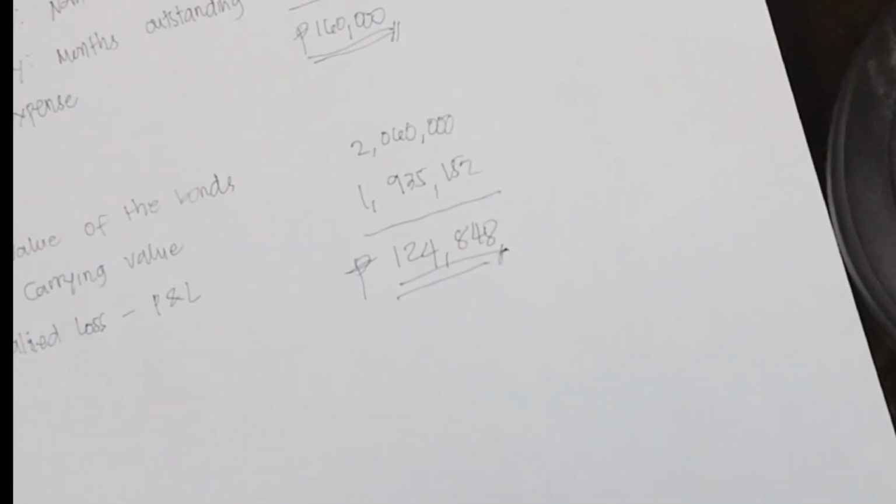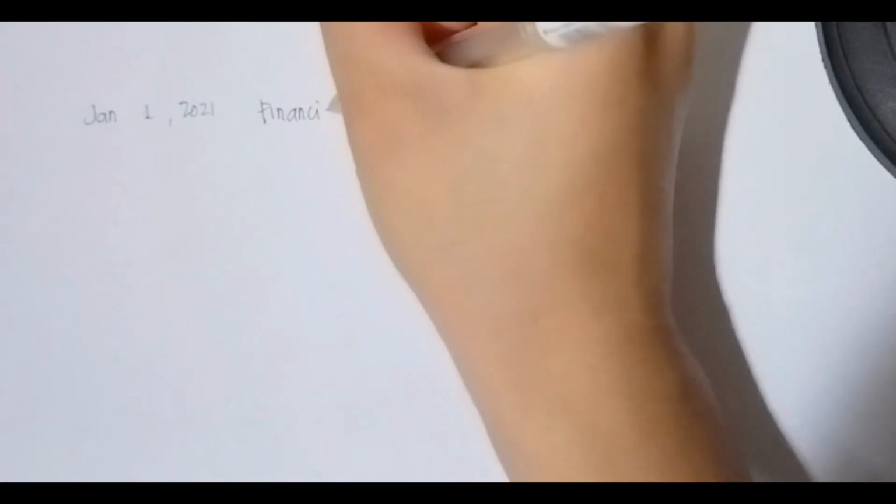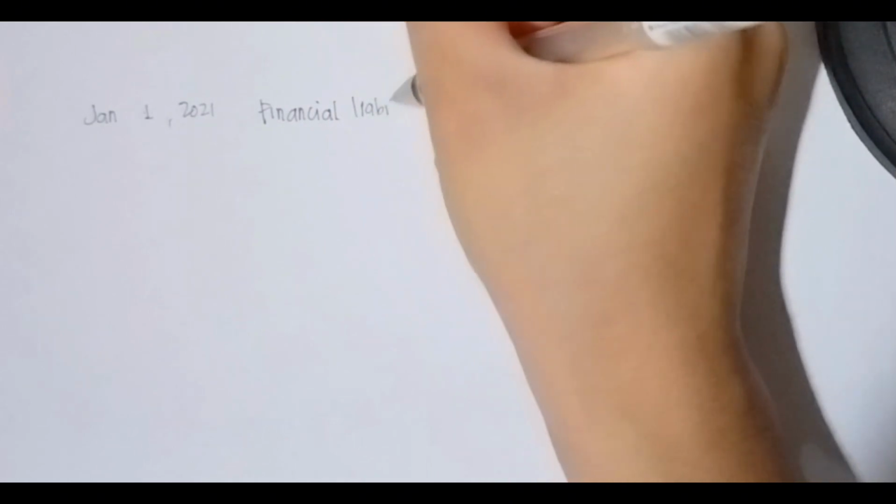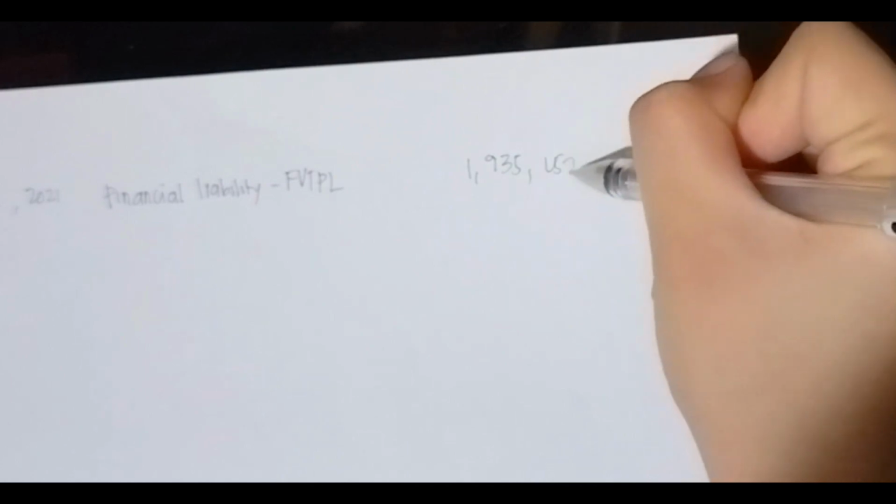For the third requirement, we're going to prepare the necessary journal entries for the year 2021. Our first journal entry is on January 1, 2021, which is the issuance of bonds. We debit financial liability at fair value through profit or loss amounting to 1,935,152.